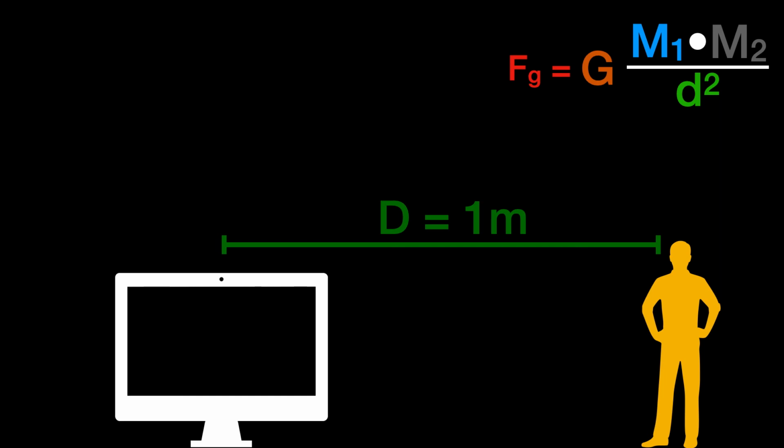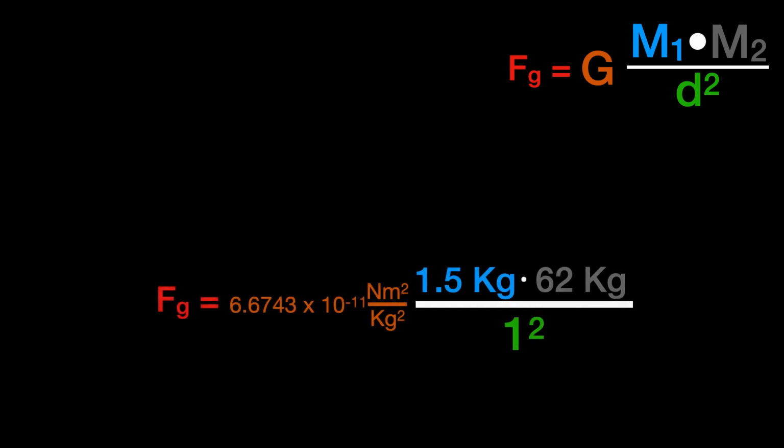It's totally not to scale. That's a big computer. An average computer is about 1.5 kilograms, and the average mass of a human is 62 kilograms. So let's input all of these numbers into our equation, and this is what we get.